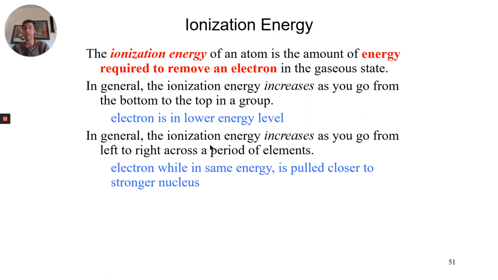The next thing we could do to look at other trends is reference ionization energy. Ionization energy has a couple different concepts tied in with it. First and foremost, you need to know what it means. It is the energy to remove an electron, officially in the gaseous state.